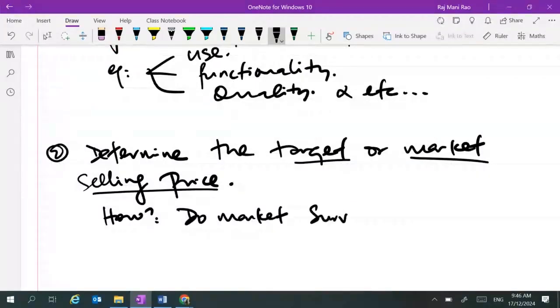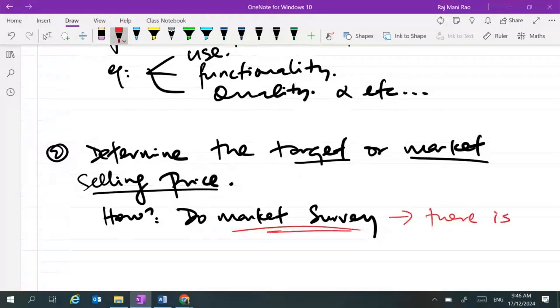Do a market survey. So there is external focus now. So what are you doing? You find out from the market.